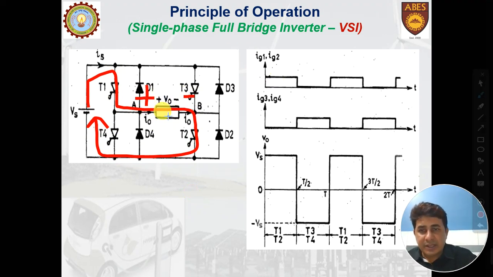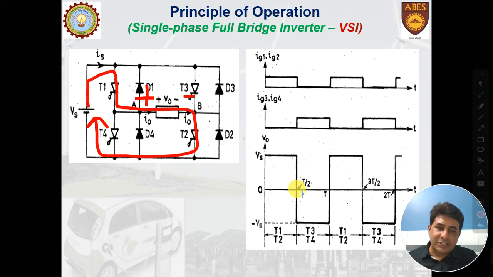If we consider this as the positive voltage, that means at the load side, as long as these 2 thyristors T1 and T2 are on, we shall be receiving the voltage Vs at the load, because it is directly connected to the load. Now if this voltage Vs is 12 volts, the load voltage here will be 12 volts.